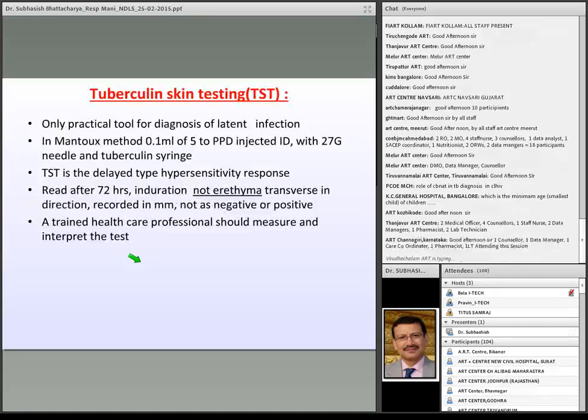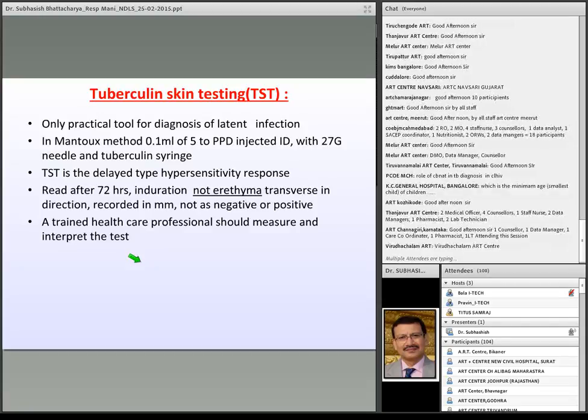Regarding tuberculin skin testing, it is the only practical tool for diagnosis of latent infection. In the method, usually 0.1 ml of 5 TU PPD, purified protein derivative, is injected with a 27 gauge needle and tuberculin syringe.